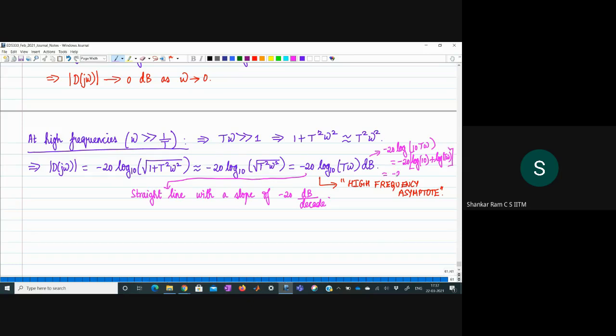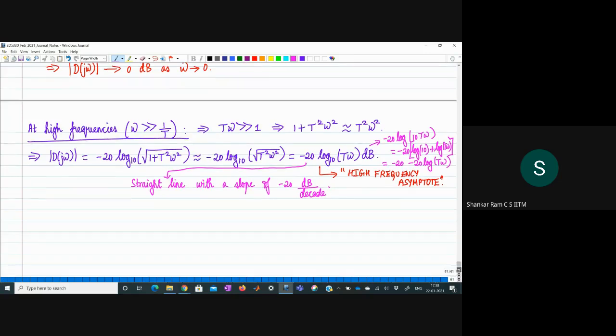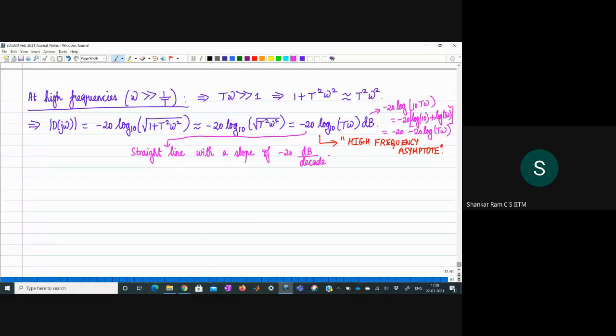And immediately we can say it is going to be minus 20 log t omega minus 20, right? So immediately you get the idea as to how we got the slope to be minus 20 decibels per decade, right? Because we are reducing by 20 decibels when the frequency is increased by a decade. Correct? I hope it is clear, right? This is how we evaluate the slope also.